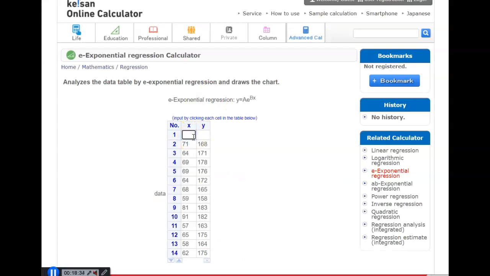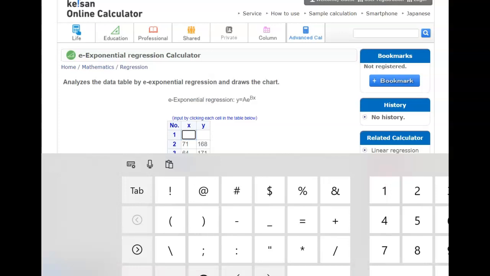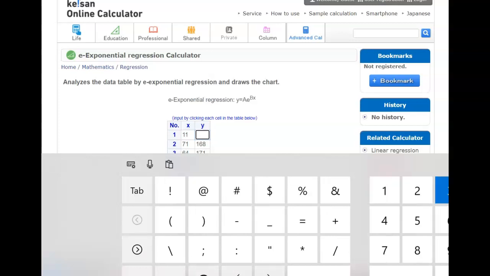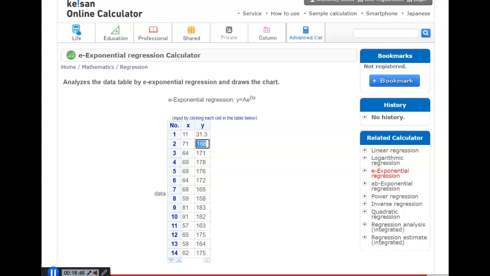So we start here with 11, and then for the y value, the value from the table was 31.3.